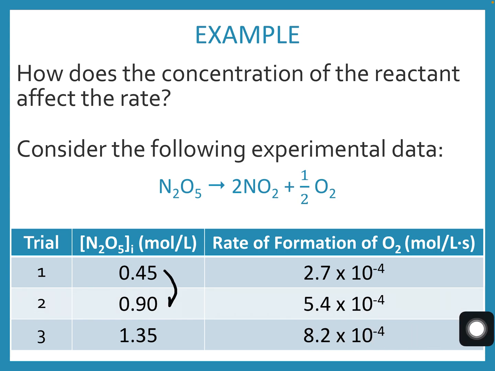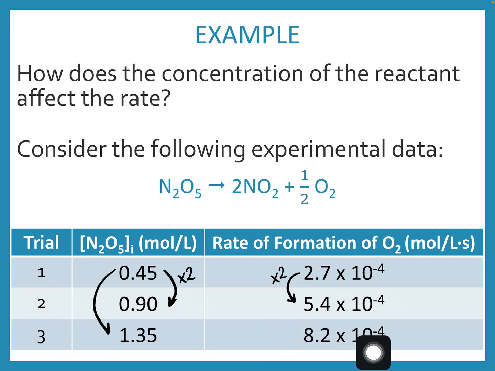So here we had a doubling of the concentration, and 2.7 times 10 to the negative 4 times 2 is equal to 5.4 times 10 to the negative 4. In the third trial, the initial concentration of the reactant was 1.35 moles per liter, and the rate of formation was 8.2 times 10 to the negative 4.